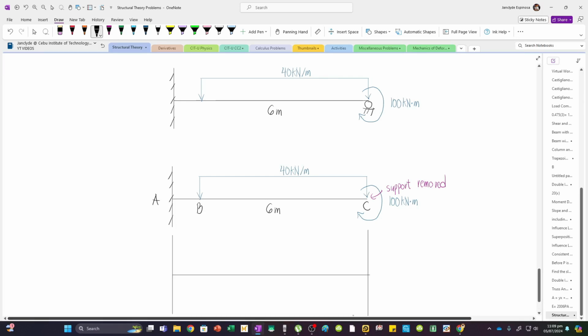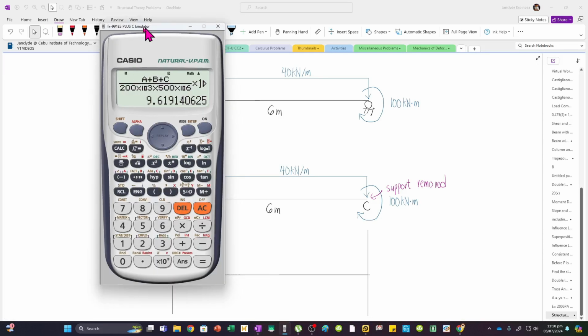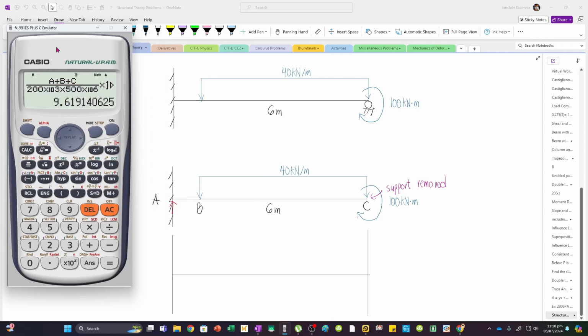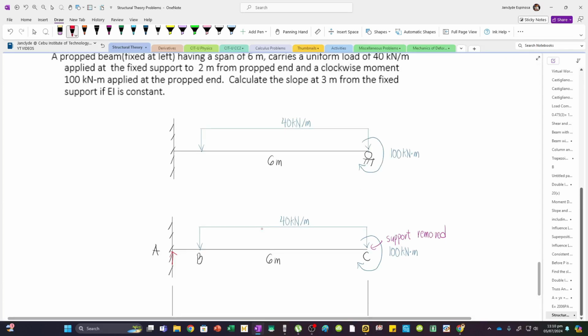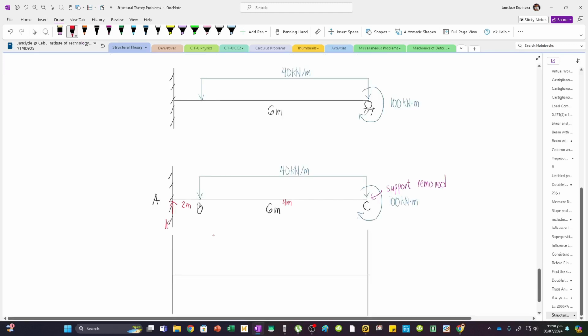Now, since we're here in structures, let's automatically solve the reactions. For AY, we will just sum up forces vertical. Since we only have this distributed load as the vertical load, then we have 40 multiplied by 6 meters, and then this is 2 meters, so the span of the distributed load is only 4 meters. So 40 times 4 will be our reaction, which gives us 160.